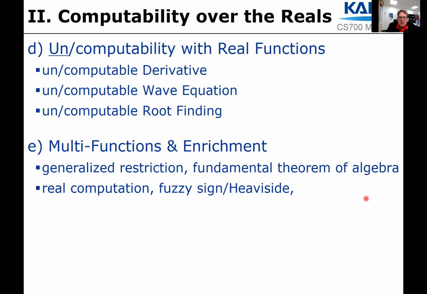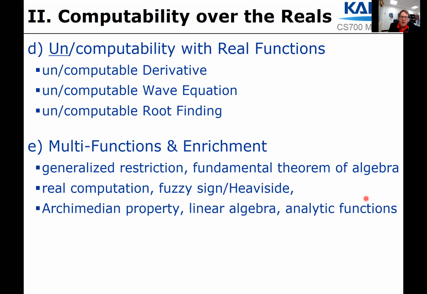We would discuss the multi-valued generalization of the sine and Heaviside function, which is sometimes called the fuzzy sign, and show that these are actually computable. And we will discuss the Archimedean property of real numbers, which again only becomes computable after relaxing from function to multifunction.